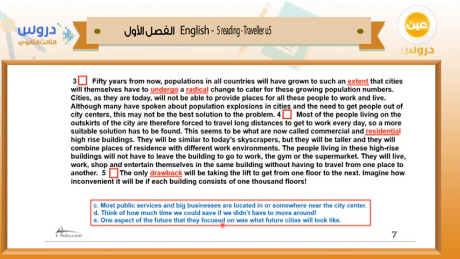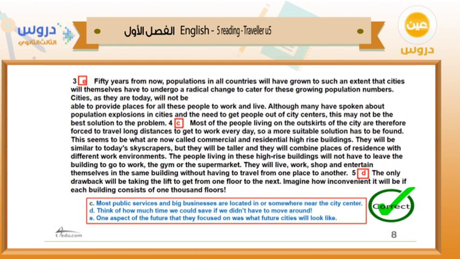And E, one aspect of the future that they focused on was what the future cities will look like. And the right answers for each: E is the right one for number 3, and C, as you can see, is the right one for number 4, and D is the right option for number 5.